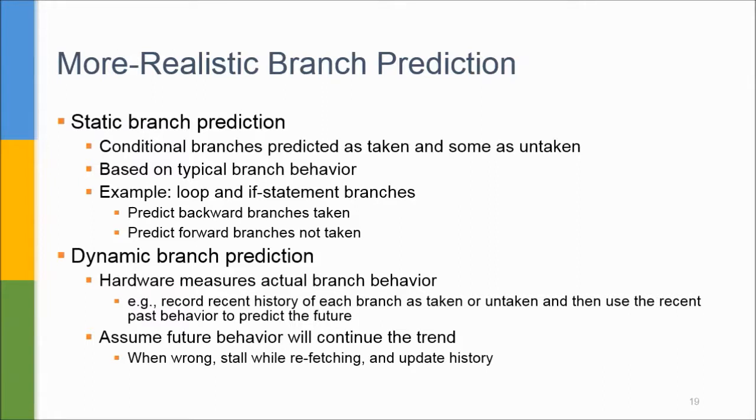In static branch prediction, static means that the prediction is the same every time a branch is fetched. There are three levels of static branch prediction strategies. Number one, always taken or always not taken. In this strategy, every branch is predicted to go a particular way.